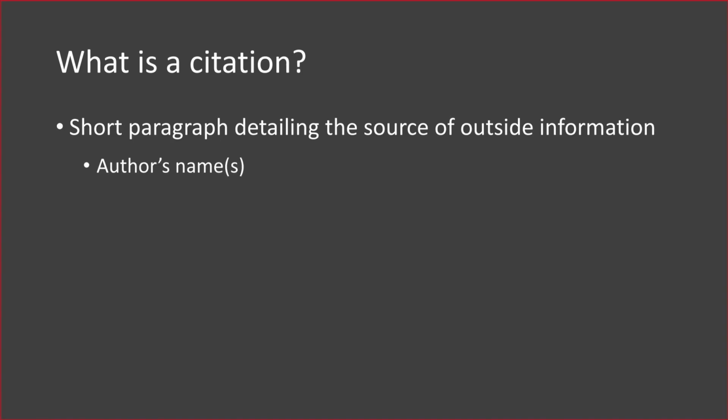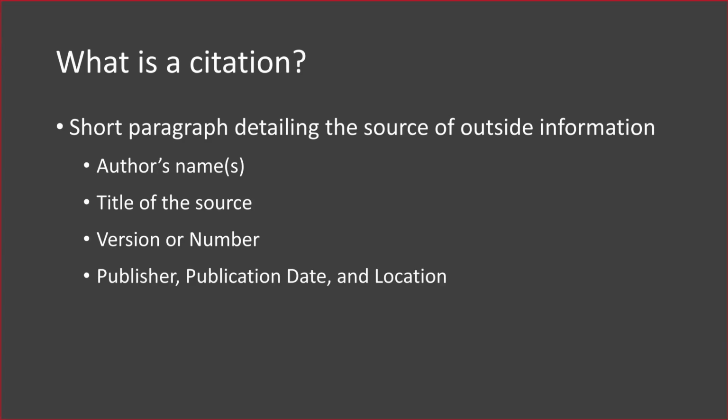And a citation should include the following information in MLA format. It should include the author's name or names, the title of the source, a version or a number, maybe it's been released multiple times, and then the publisher, publication date, and location.